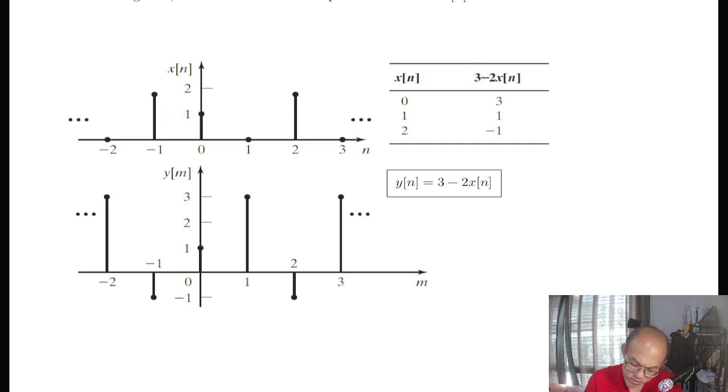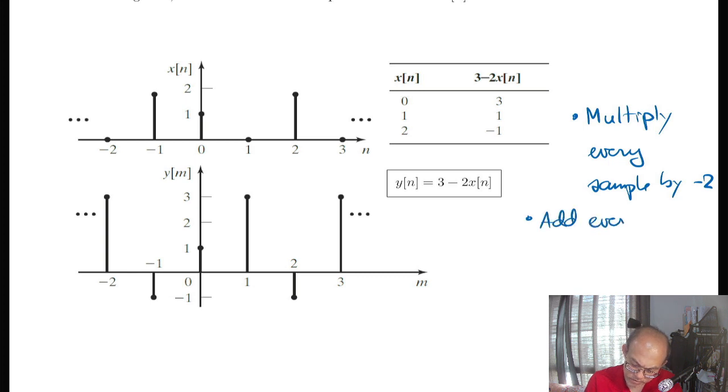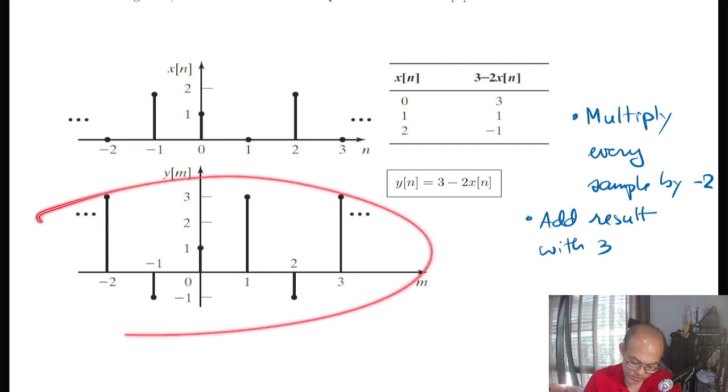So first multiply every sample by minus 2, and then add the result with 3. Okay, to get this one.